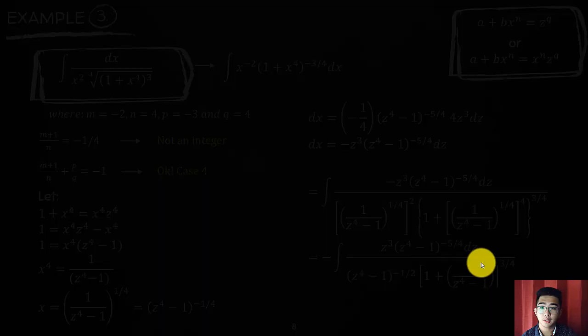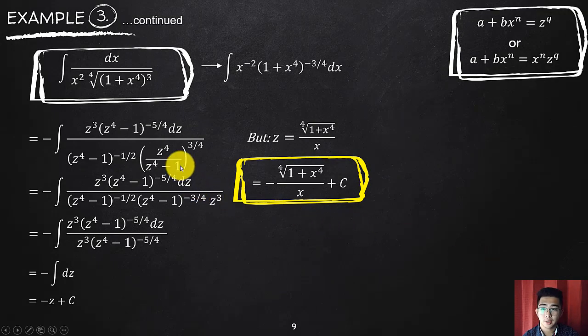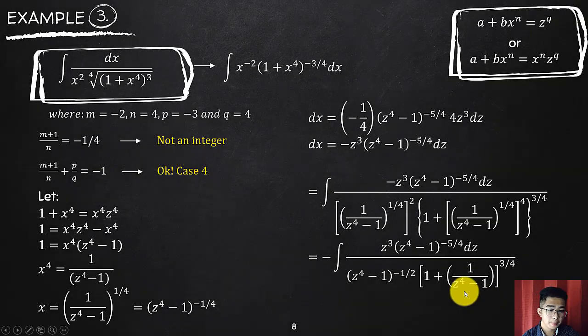So let's continue the simplification. From this one, we now combine the fractions. Cross multiply 1 and z raised to 4 minus 1, that becomes z raised to 4 minus 1 plus 1 over z raised to 4 minus 1. Again, this becomes cross multiplication because the LCD of this is 1.